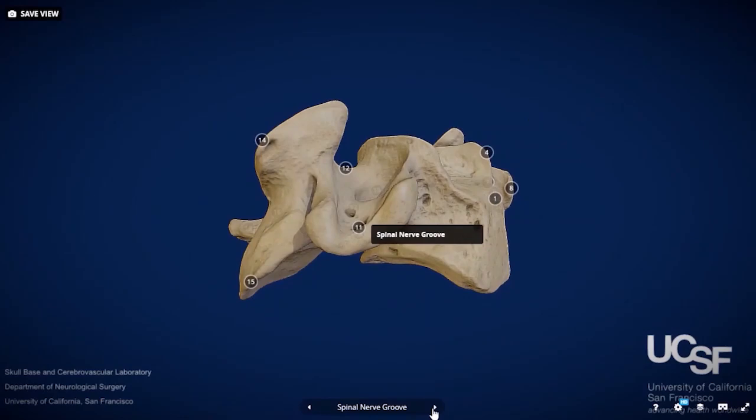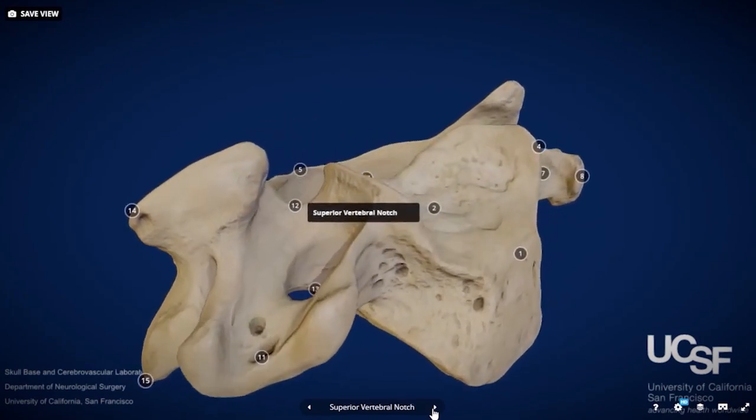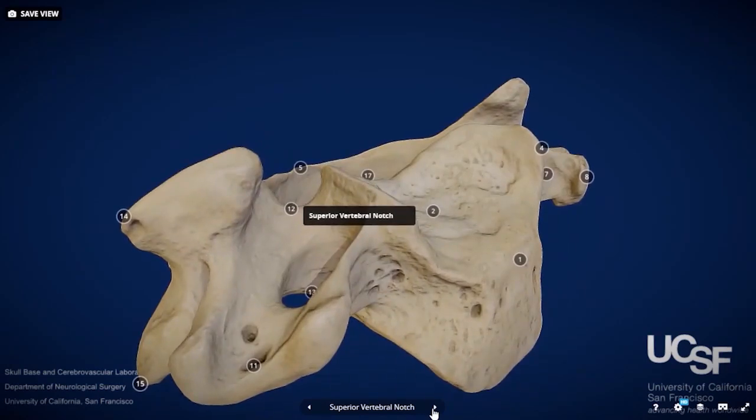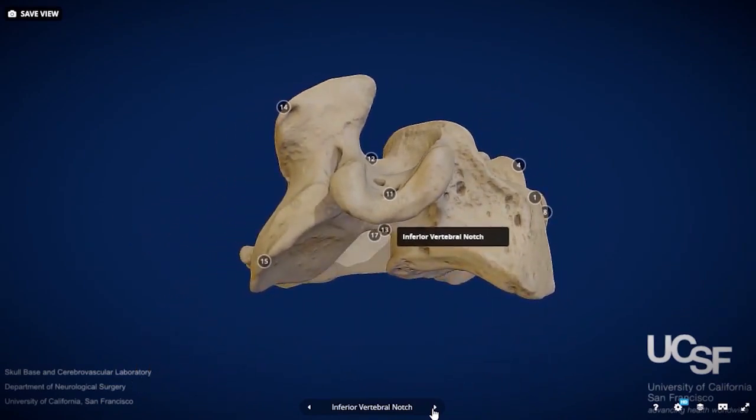Just posterior to the intertubercular lamella, we see a groove, which is the spinal groove. It is the place on which a spinal nerve is going to be resting. Superior to the pedicle, we can identify the superior vertebral notch, inferiorly the inferior vertebral notch.